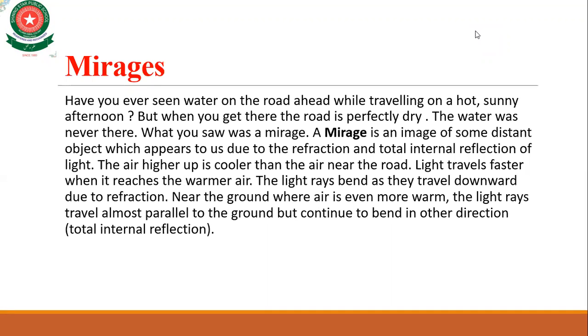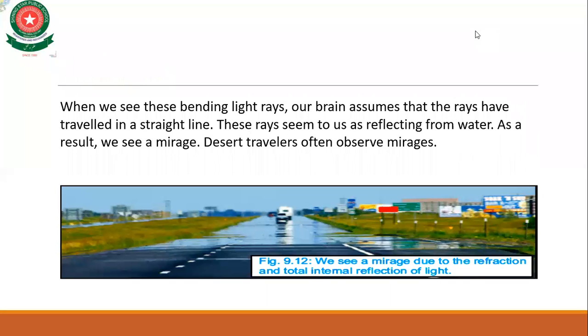When they come near the ground where air is even warmer, the light rays travel almost parallel to the ground but continue to bend in other directions, which is known as total internal reflection. When we see these bending rays, our brain assumes that the rays have traveled in a straight line. These rays seem to us as reflecting from water. As a result, we see a mirage.